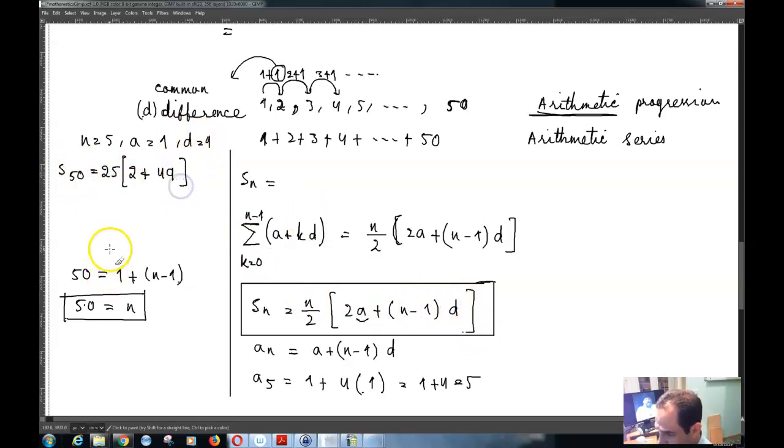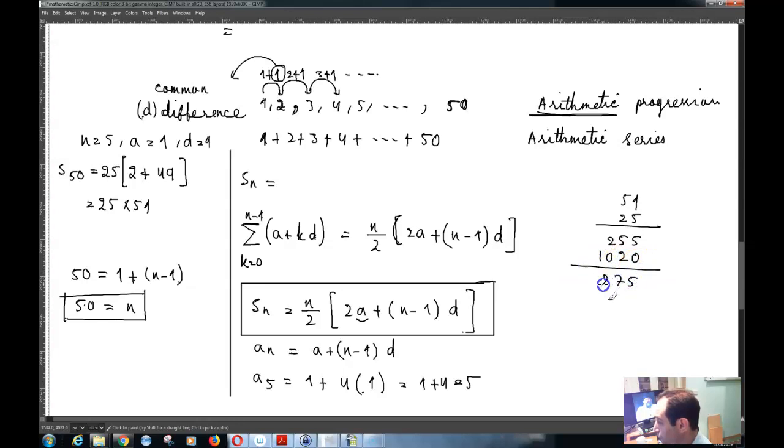So this is equal to 25 times 51, which is 1275. So that means that the sum of all of these numbers is 1275.